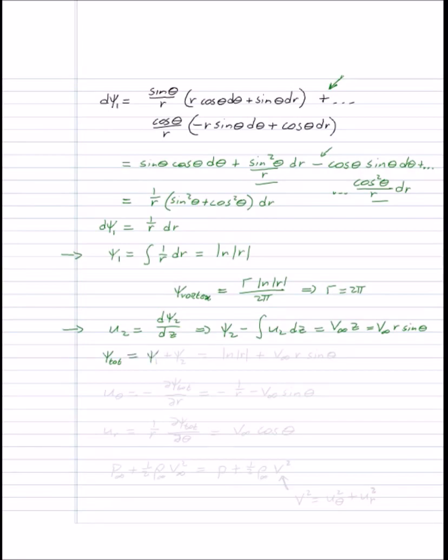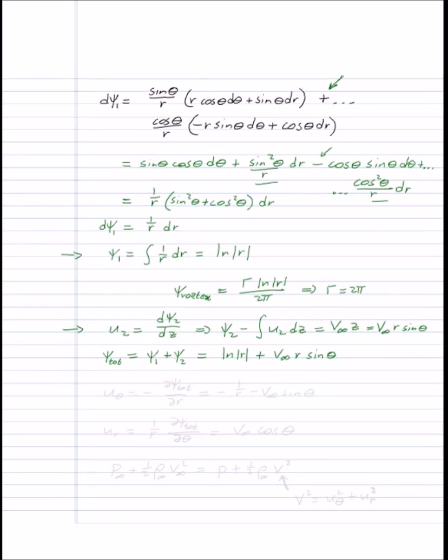So it's psi1 plus psi2. So if we do that, we're going to get the natural logarithm of r plus v infinity times r times the sine of theta. Now great, so we've got ourselves a stream function.